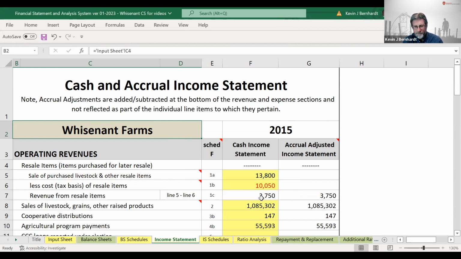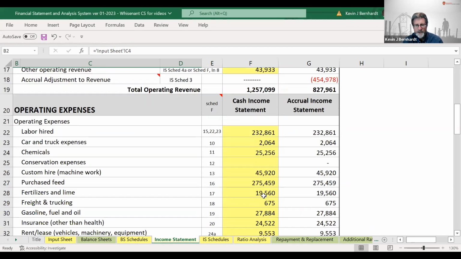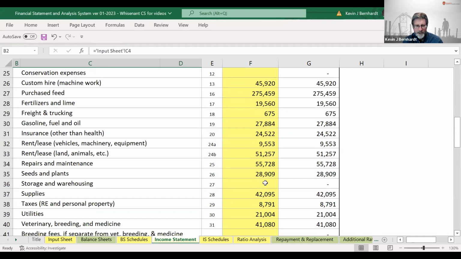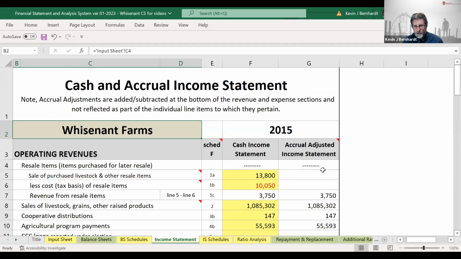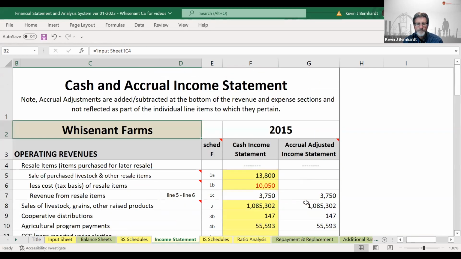So quite a bit of the information, you see a lot of yellow shaded tabs there. Quite a bit of that information will be entered as part of the cash income statement. We'll explain that more in a later video. And the accrual adjusted income statement will be automatic in most cases, except for I think one line, if I recall, for depreciation. So we'll explain that more as we get to it.